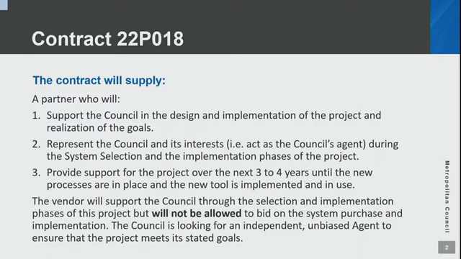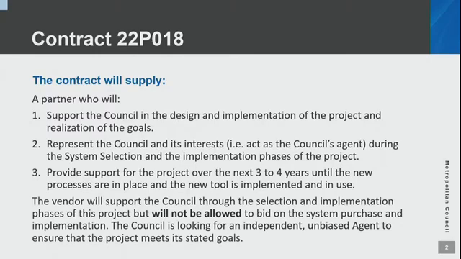And in terms of the strategy behind the project, what we are doing is we are looking to hire what we've termed an owner's agent, a term that we've taken from the construction business. So that's someone who's going to come in and help us with that upfront work in phase 1, but also support us as our agent throughout the rest of the project, ensuring that when we purchase the system and when we implement the system, it's going to deliver to the aims that we have set for ourselves at the start of the project.